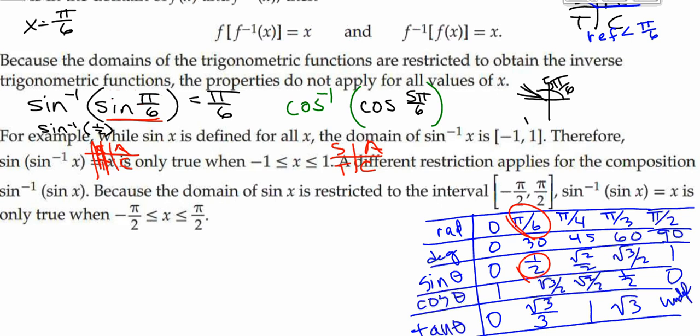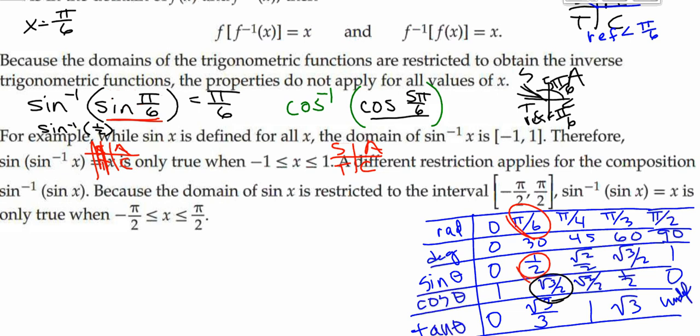Sine is positive, but cosine is negative. So the cosine of 5 pi over 6 is the square root of 3 over 2, but it's going to be negative.